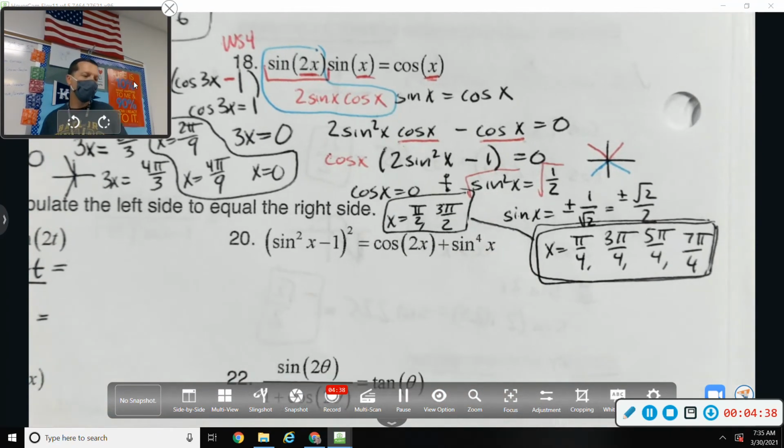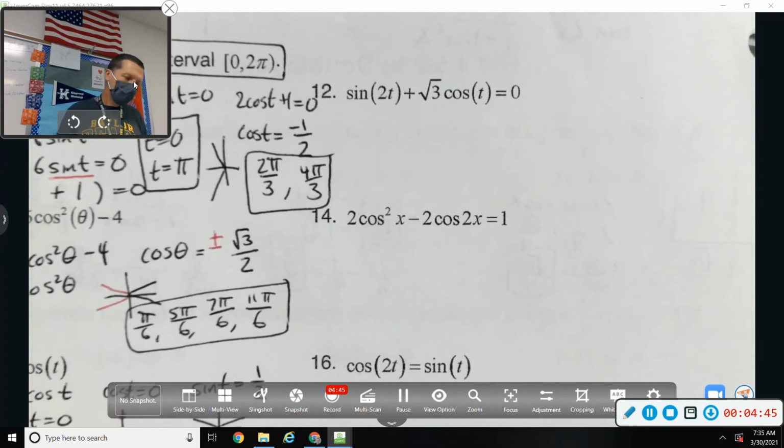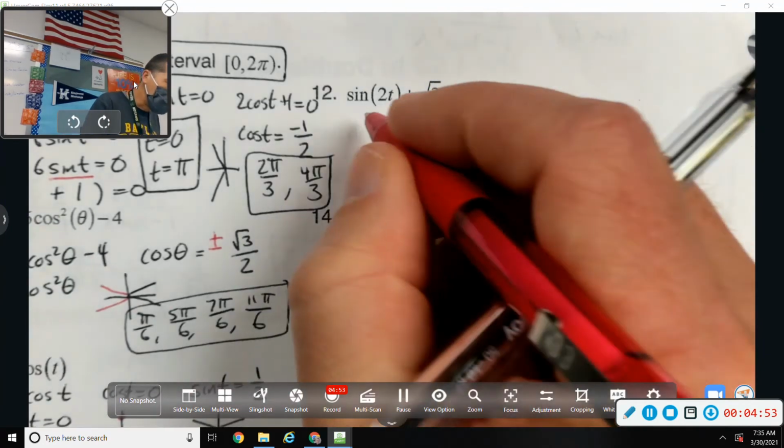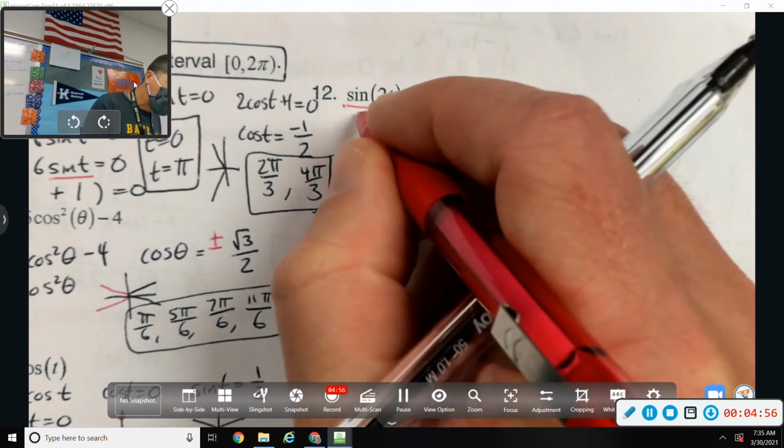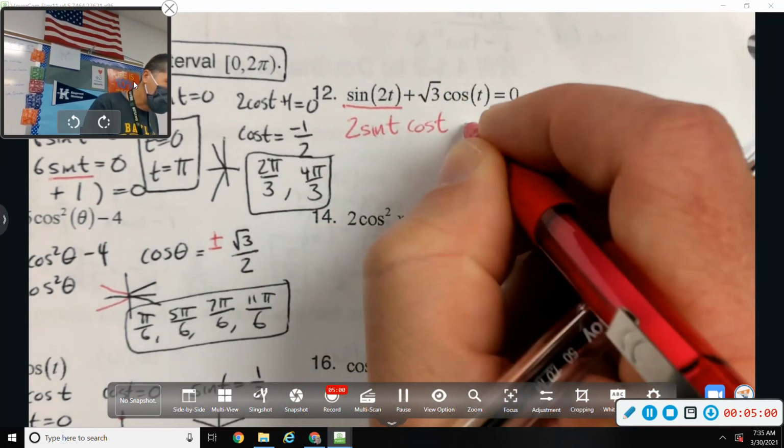Other questions from worksheet 4? Number 12. Okay, so kind of in the same section, part of the same issue here with that sine of 2t sitting there. So in place of that, we'll put 2 sine t cosine t.